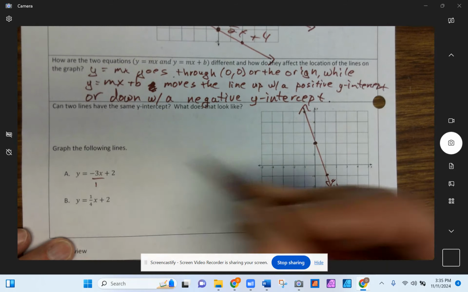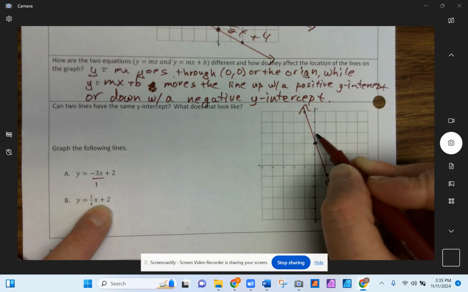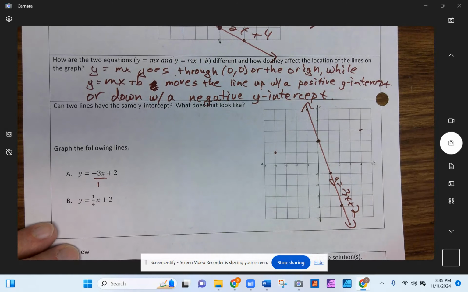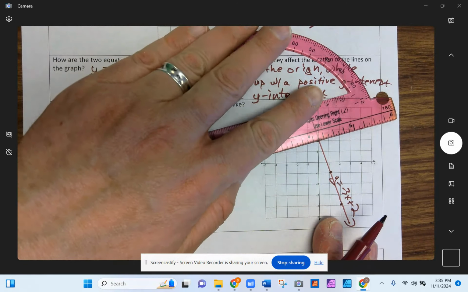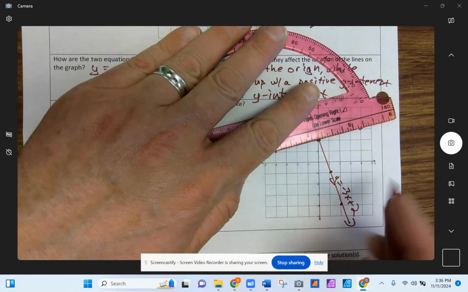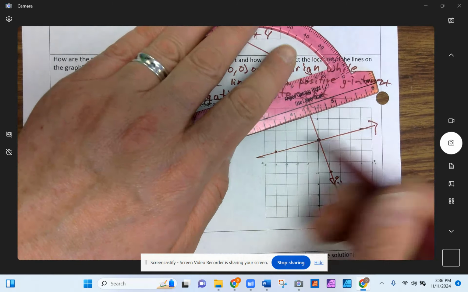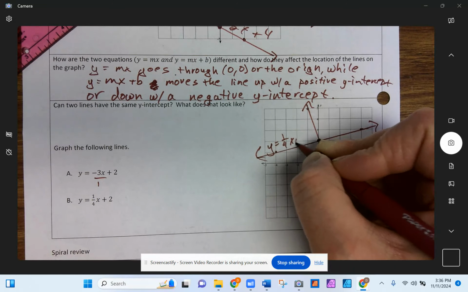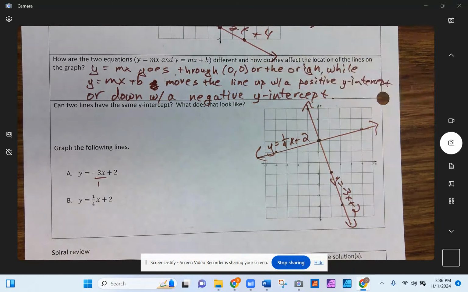And then starting again at plus 2, and then we're going to go up 1 and then over 4. Reverse it there as well. Okay, that's y equals 1/4 x plus 2. Okay, so what does that look like?